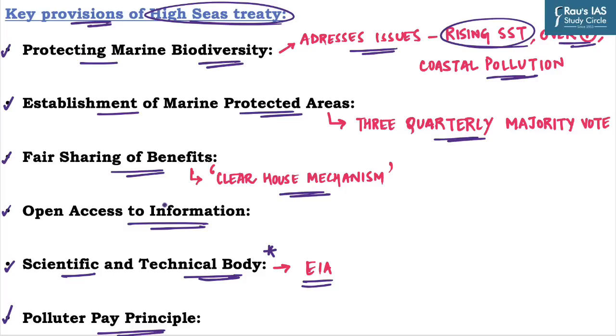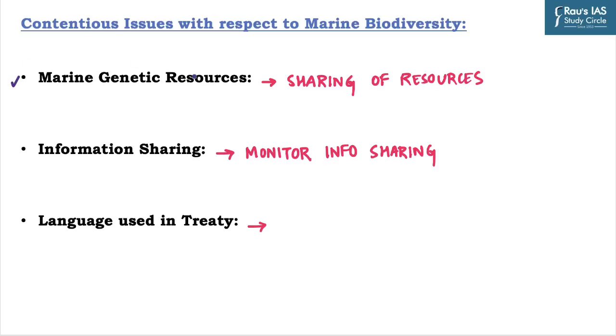Now we will shift our focus to the contentious issues which are associated with marine biodiversity. The first one is marine genetic resources. The issue of sharing of marine genetic resources was a major point of contention during the treaty negotiations. The next one is information sharing.